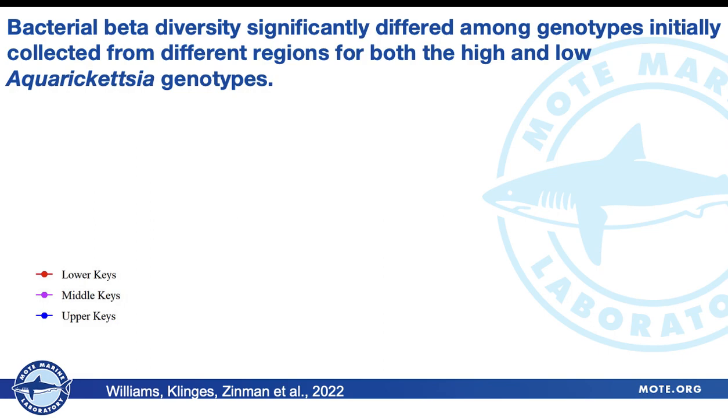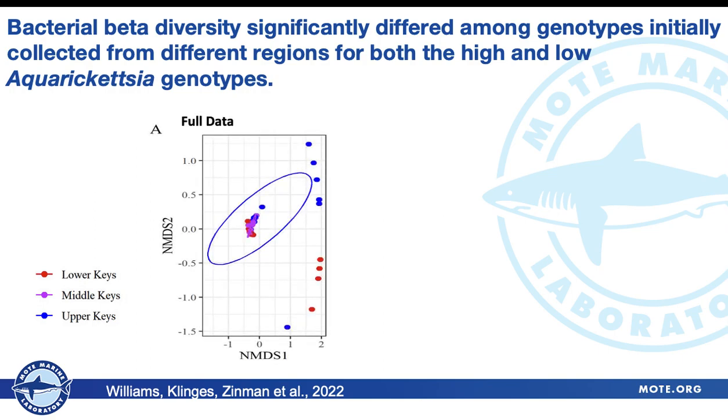So we then wanted to compare bacterial diversity among the 3 regions of the Keys, and we started with beta diversity, which remember is the diversity between groups. We used non-metric multidimensional scaling analyses with Bray-Curtis distances to look at the similarities among our genotypes by their initial collection region to produce this plot here.